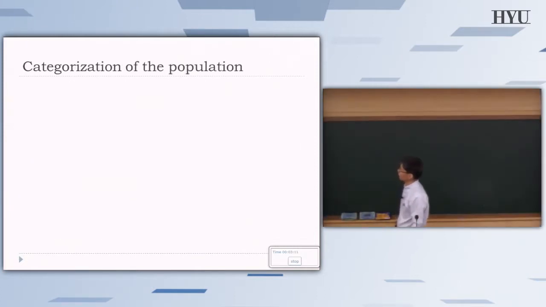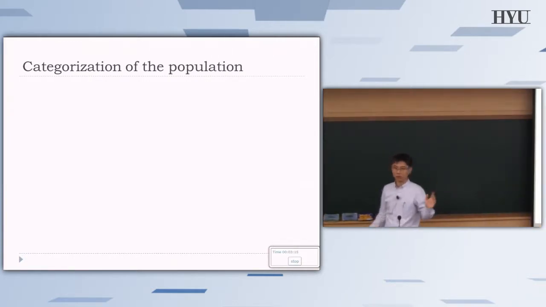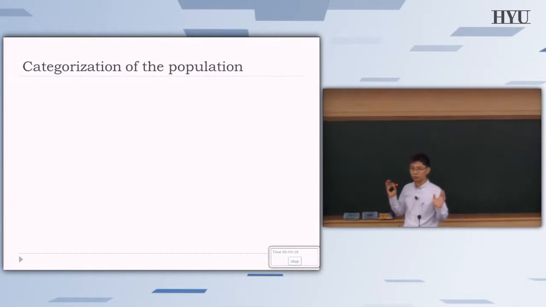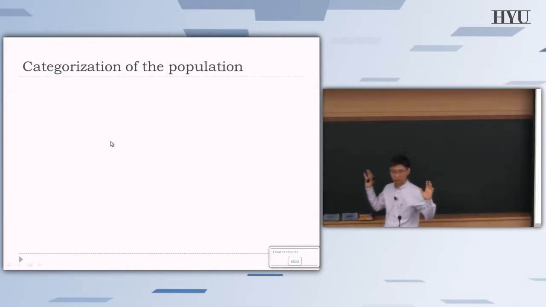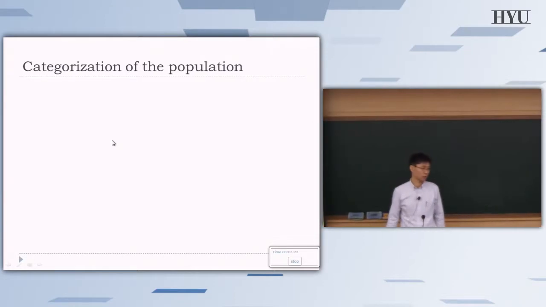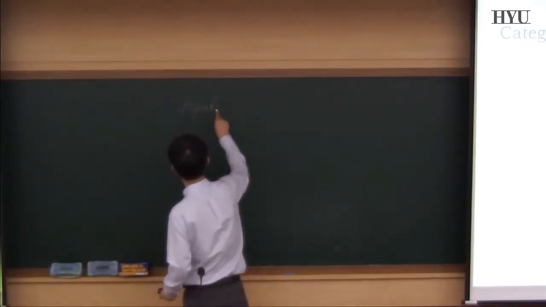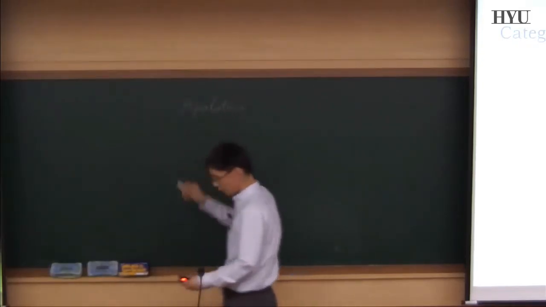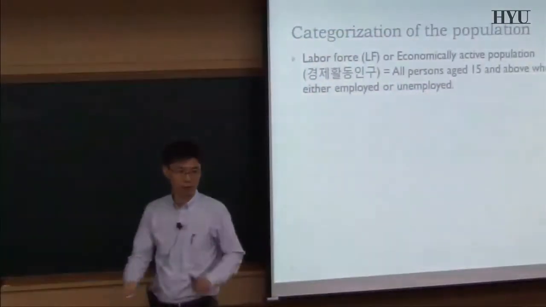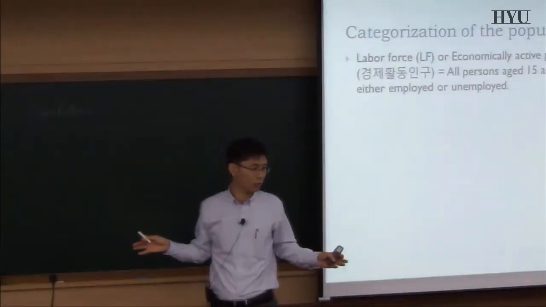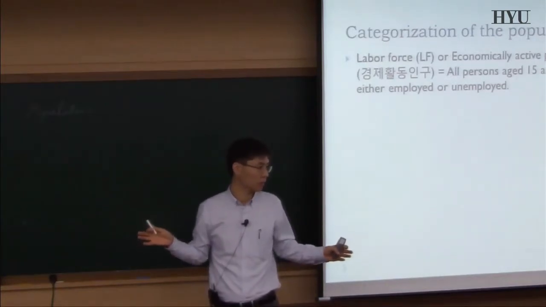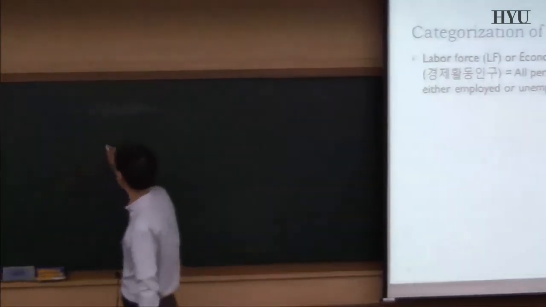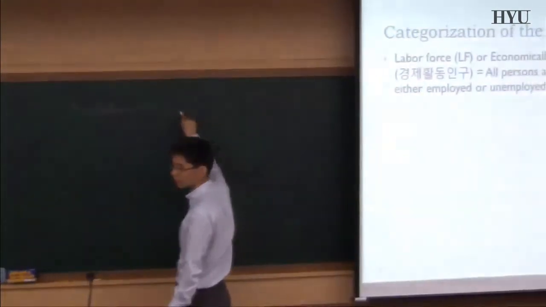First, from the labor economics point of view, the population is categorized, in the broadest terms, into just 2 categories. Let me write it here. In this population, we are not just talking about the general population from, let's say, 0-year-old to 100-year-old. What we are interested in is only those who are 15 and above.